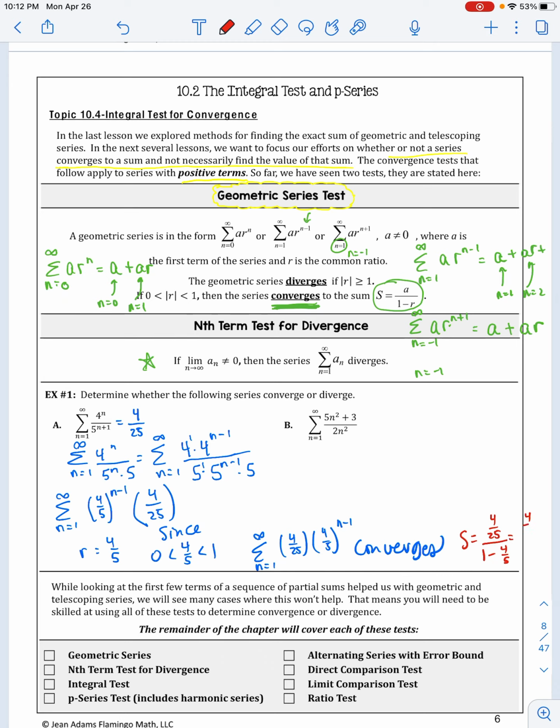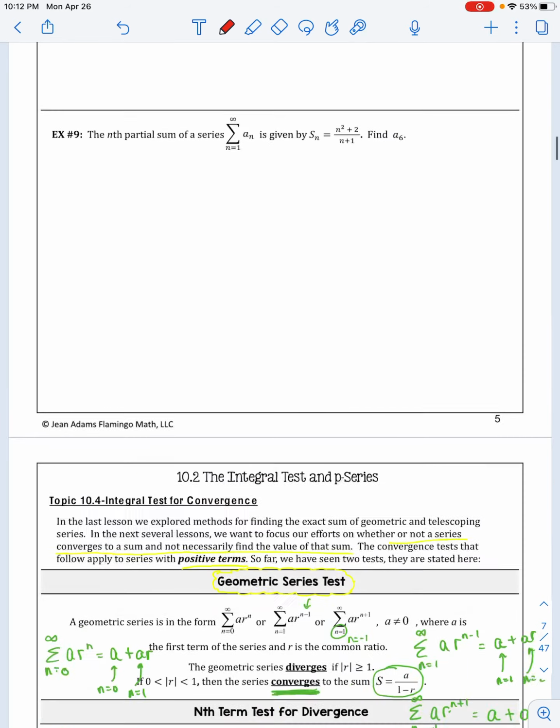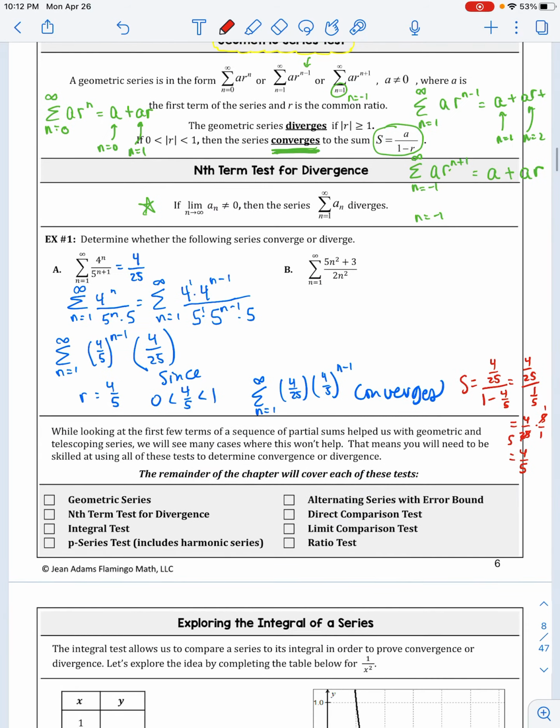So our sum is our first term, 4/25, divided by 1 minus our r. So 4/25 divided by 1/5, because 5/5 minus 4/5 is 1/5, and that would be 4/25 times 5/1. Divide by 5 I get 1, divide by 5 I get 5.